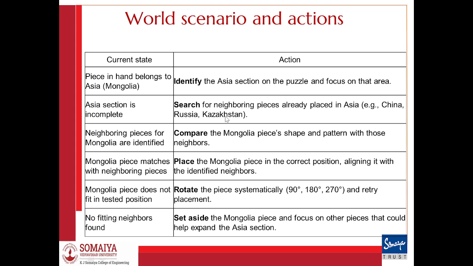Or we can search for neighboring pieces already placed in Asia and try to fit in this piece along with them. Or we might have to rotate the piece systematically and retry the placement in case it goes in the given area. Or in worst case, no fitting neighboring areas are found. In that case, set aside the Mongolia piece and focus on the other pieces which could help expand the Asia section.